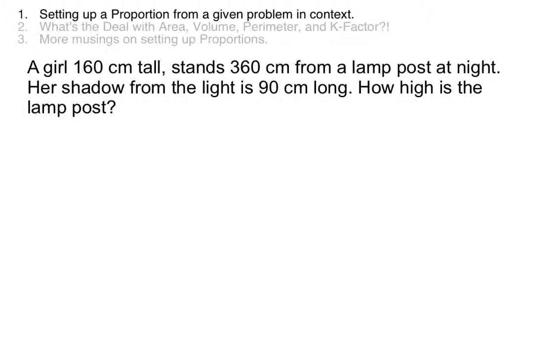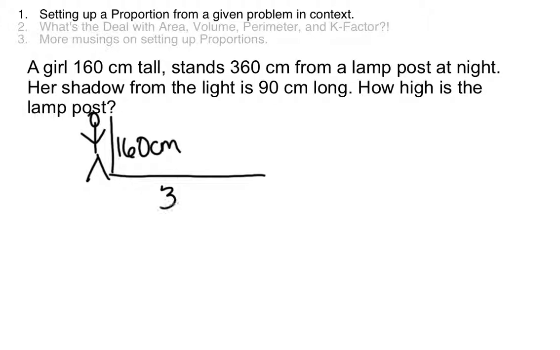Okay, so right off it says this girl standing here is 160 centimeters tall. Okay, and she stands 360 centimeters from a lamppost. And her shadow from the light is 90 centimeters.